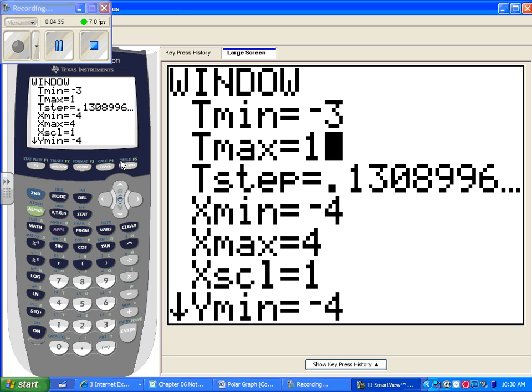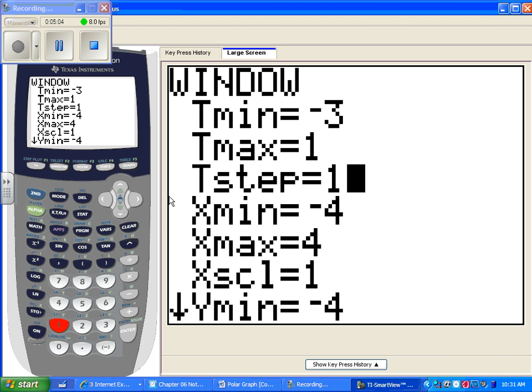Yep. So now the next one, it says t step. Basically what that means is it's asking how often do you want it to plug in a t value. So do I want to plug in -3 and then -2 and then -1 and then 0 and then 1? That would be a t step of 1.